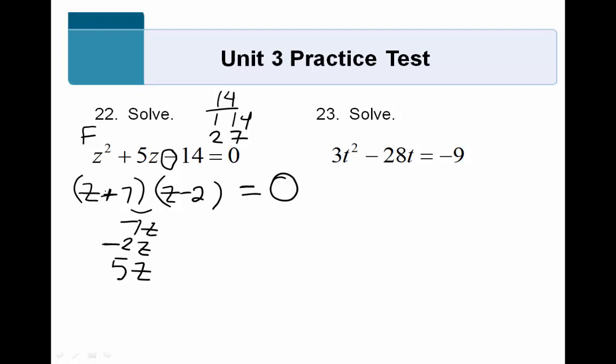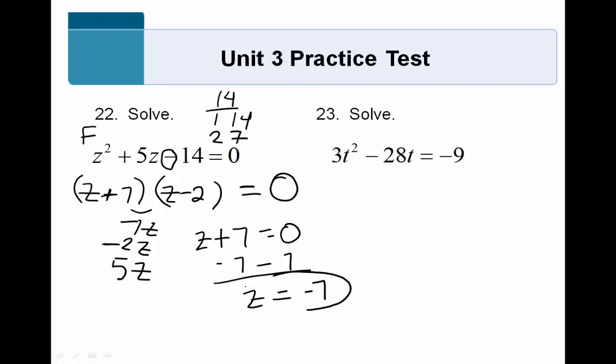Z plus 7 times z minus 2 equals 0, which means either z plus 7 has to equal 0, or z minus 2 has to equal 0. Well, if z plus 7 equals 0, I'll subtract 7 on each side. That means z equals negative 7.